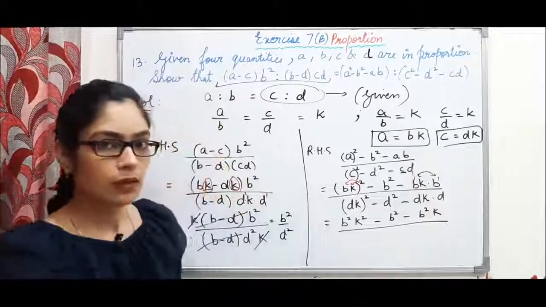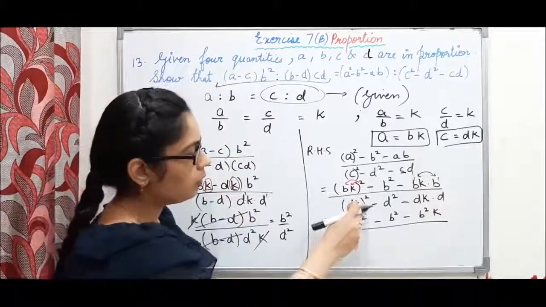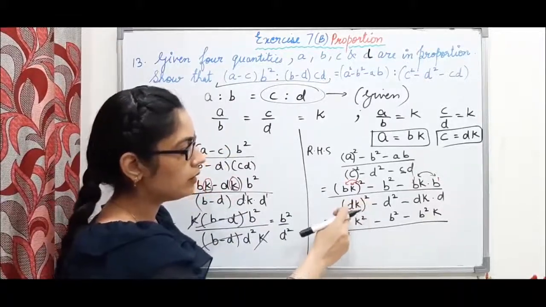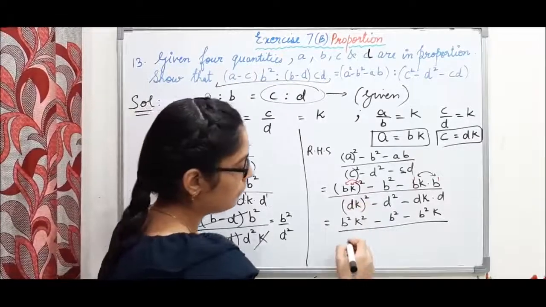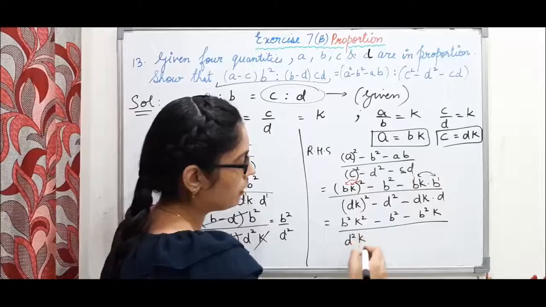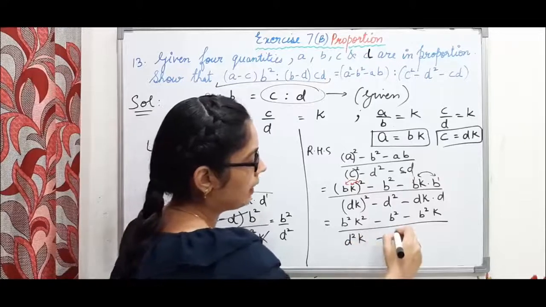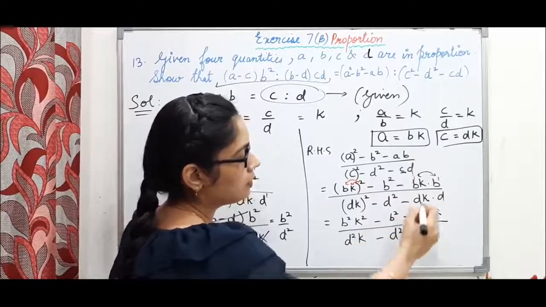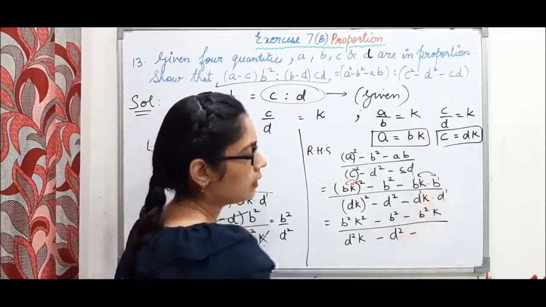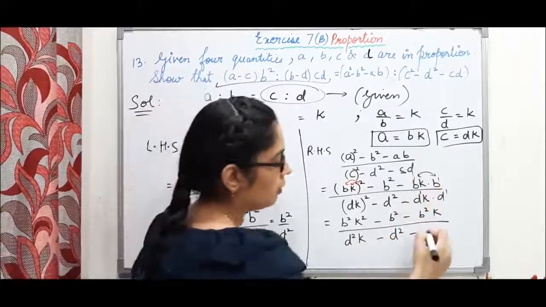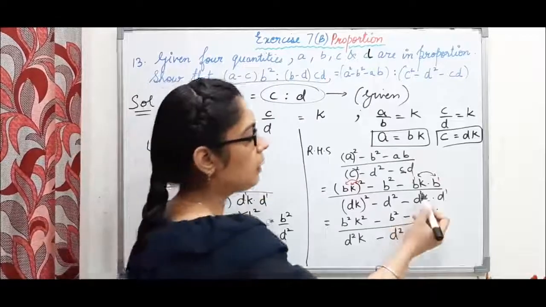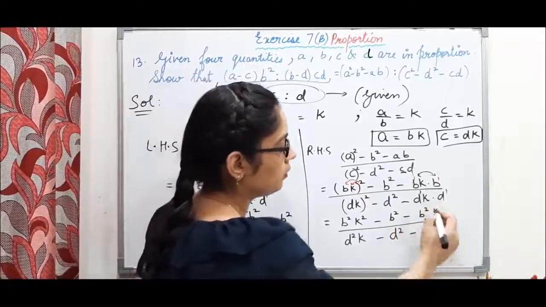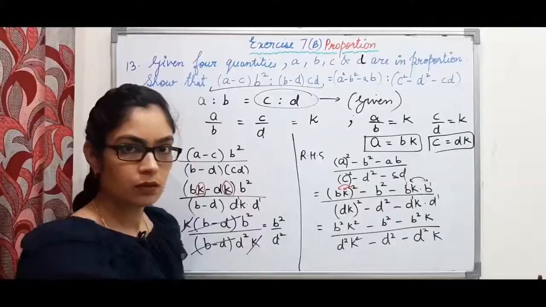Same things in denominator also we have to do. See, whole bracket means this 2 is with d also and it is with k also. So let's write the powers separately. D square k square minus d square as it is, minus here same thing, d to the power 1 d to the power 1. Same bases and they are getting multiplied, so let's add the powers. 1 plus 1 is 2 into k as it is.